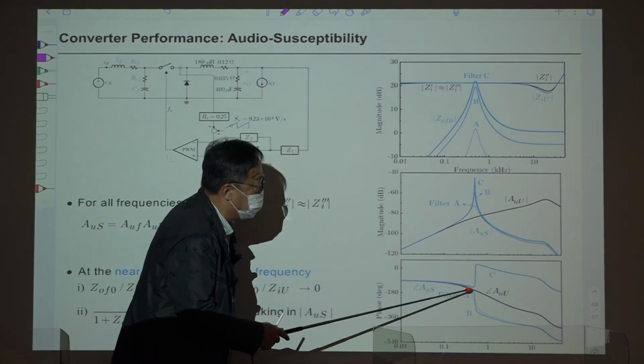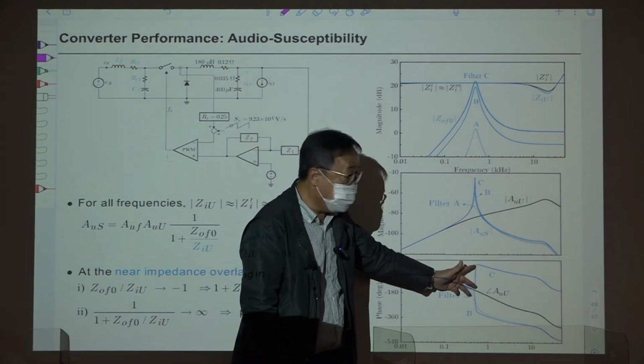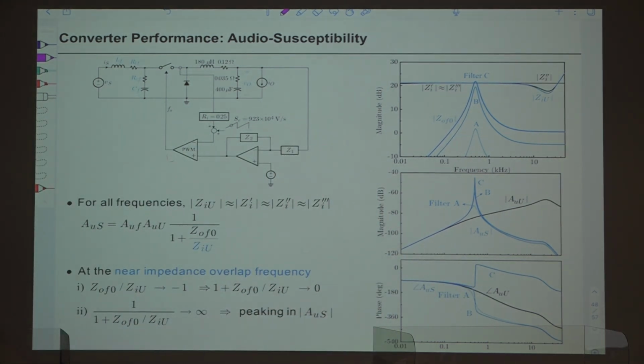The phase is increasing for case C by 180 degrees. That means this LHP pole crossed the imaginary axis and became an unstable RHP pole. Understand this? They are patterns from these phase characteristics.